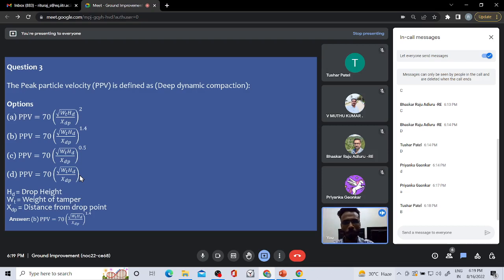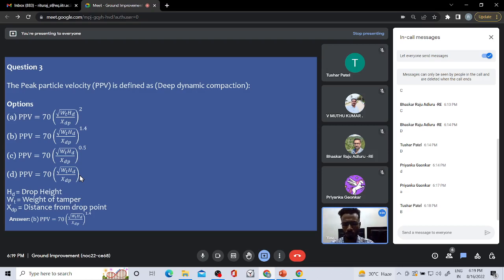So any doubt with the peak particle velocity? Basically, peak particle velocity is the velocity associated with the vibration of the ground. Whenever we drop a weight from a certain height, that drop creates displacement of the particles.